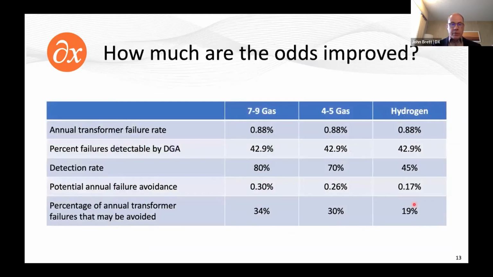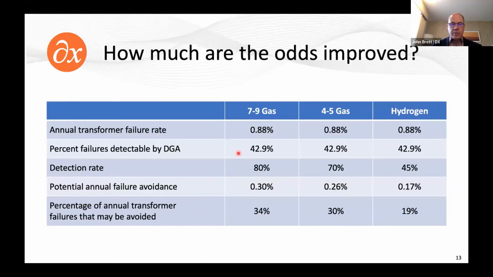Why are all these numbers important? Because you really want to figure out, well, what is the actual opportunity for you? You know, what's the benefit you might get when you deploy an online monitor? And this is how you go through the calculation. What is your annual transformer failure rate? Well, there's the 0.88%. How many failures are detectable by DGA?